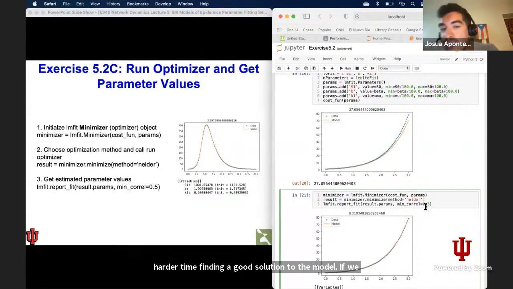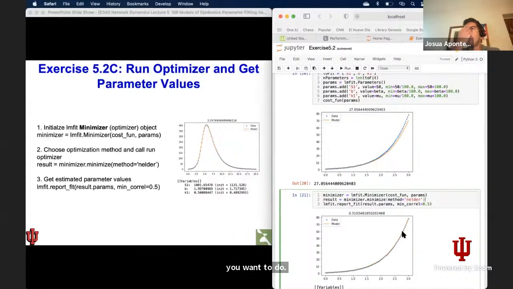And this is important, coming back to real life, because what you want to do is, if you want to use actual real data to estimate the parameters of an SIR model and to make decisions based on those estimates, you certainly want to make those parameter estimates as early as possible.